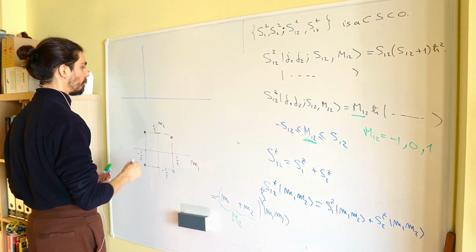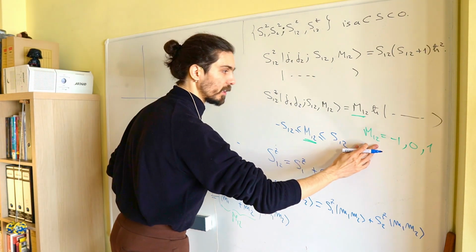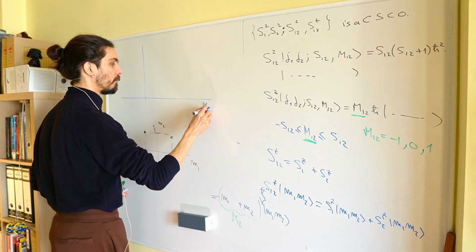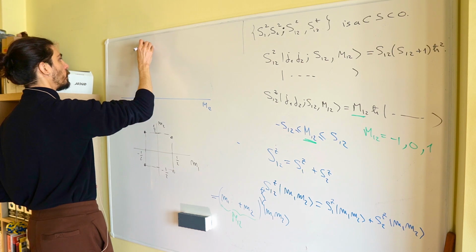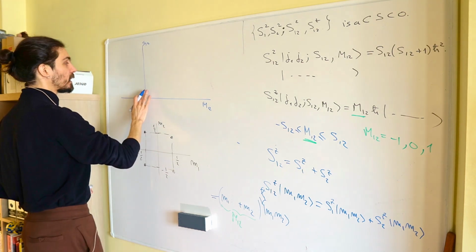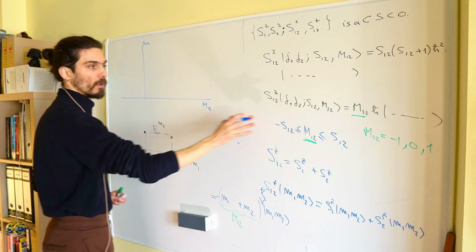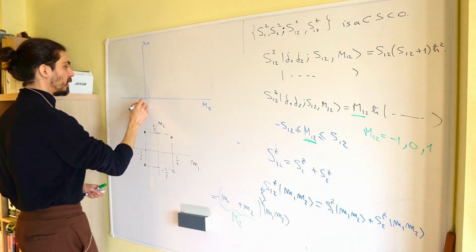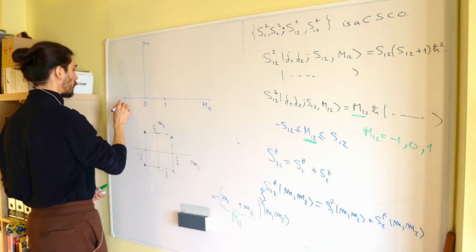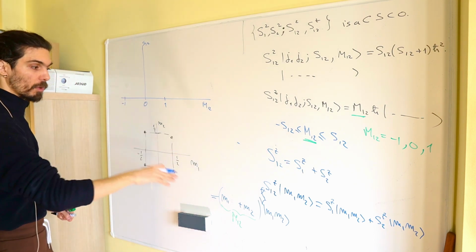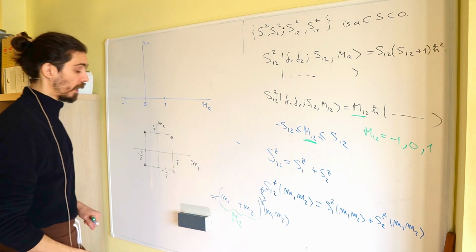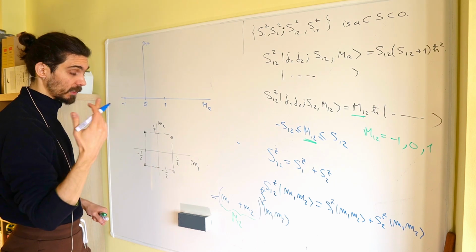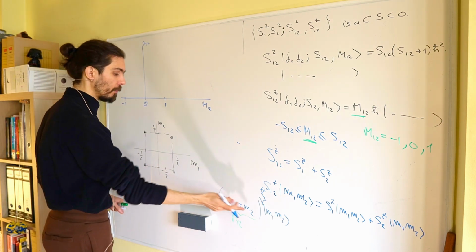Let me put on the horizontal axis the M12, and here the S12. This essentially is a graph that summarizes these eigenstates. Well, we know M12 is 0, 1 or minus 1. That's what you just computed from here. And from the fact that J1 and J2 are equal to 1F, they determine M1 and M2.